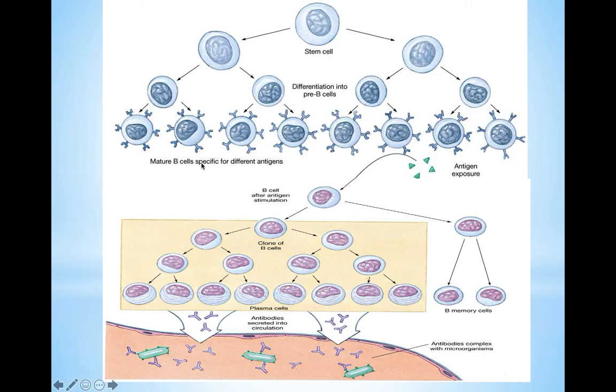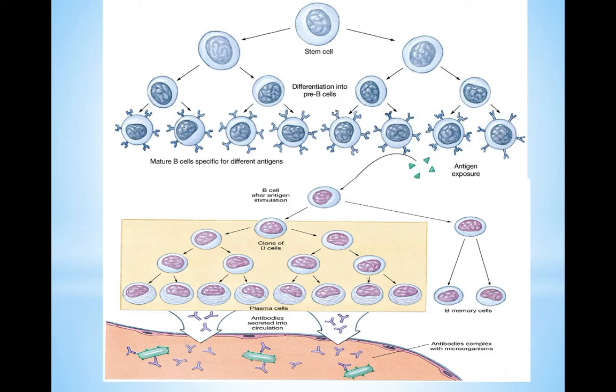So once these naive mature B cells, having their receptors, are already able to expose or bind themselves to antigens from the external environment, the fates of your B cell will now be indicated. Either they will be antibody-secreting plasma cells, or they will be memory cells.